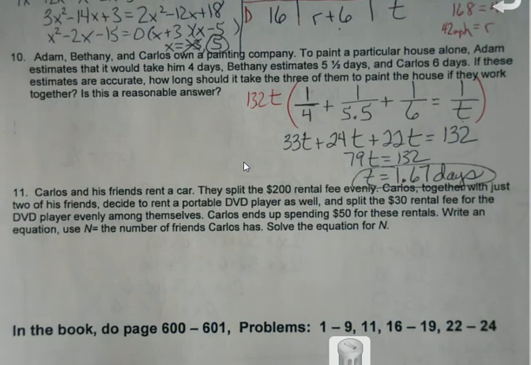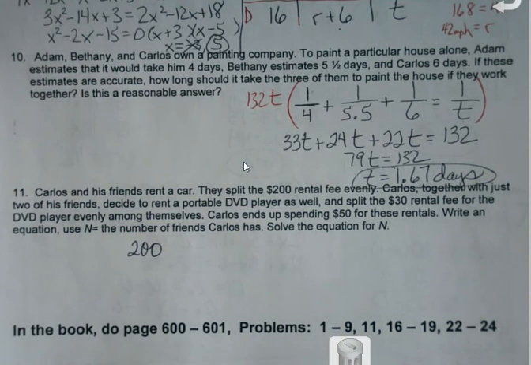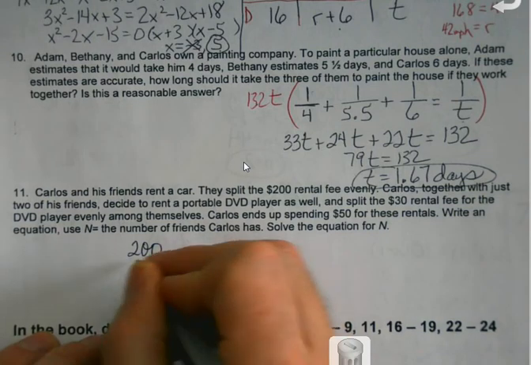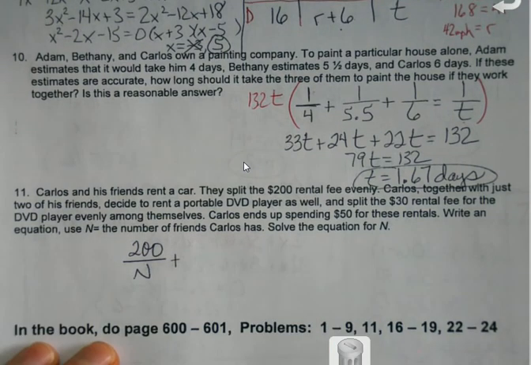Okay. So we got a car, $200. When you're splitting the cost of something up with somebody, what are you actually doing? We're dividing. So we're going to divide 200 by n because everybody split the rental for the car evenly. However, on the DVD player, there's 3 people.